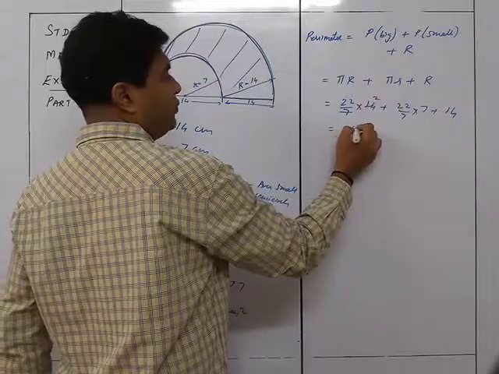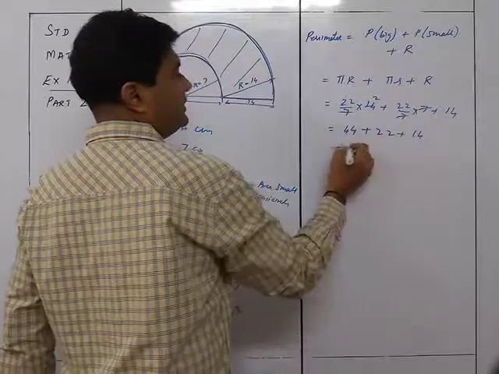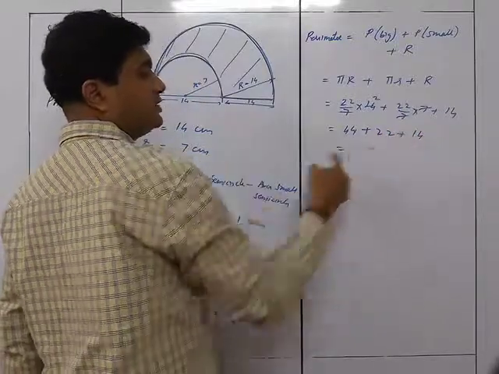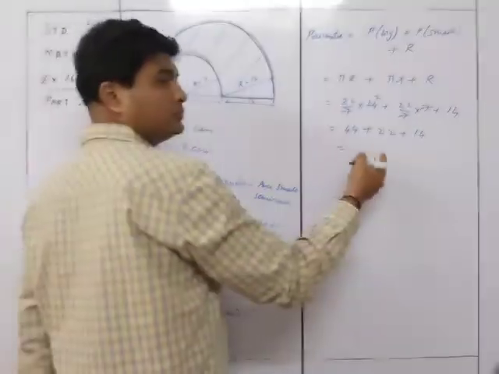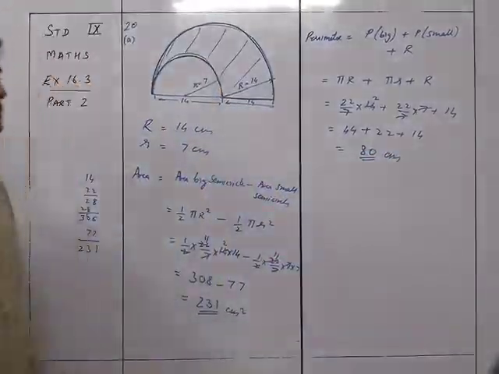So that's 44 plus 22 plus 14, that's 66 plus 14, which is 80. So it will be 80 centimeters.